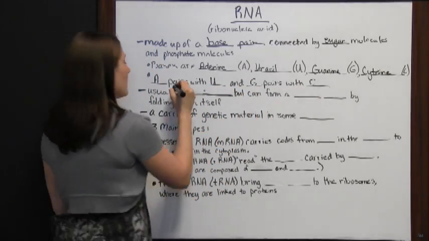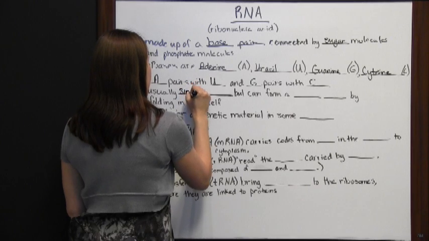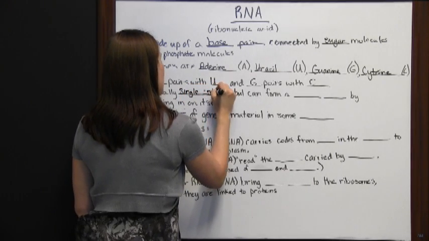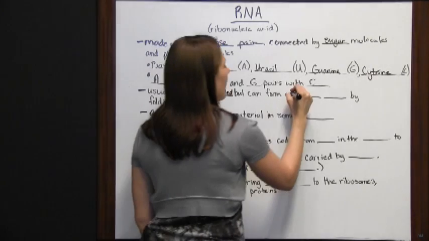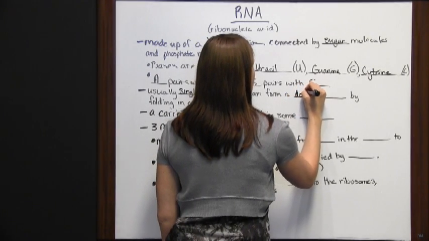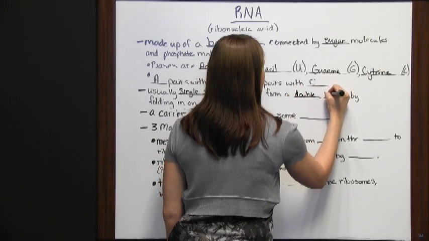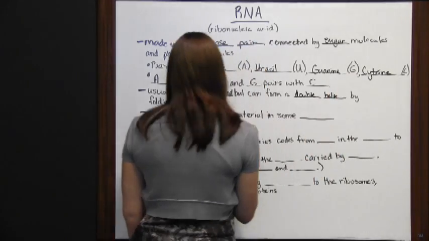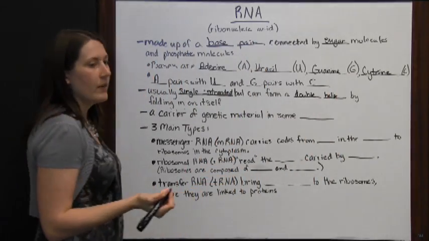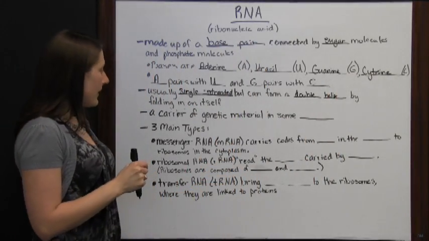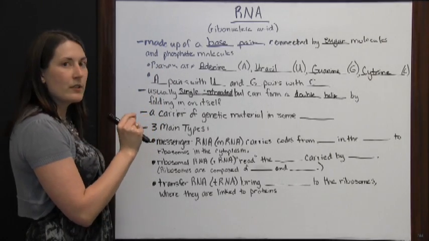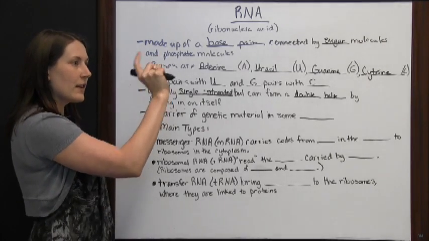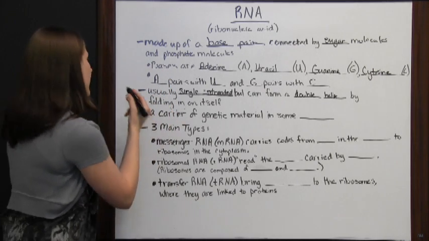Usually RNA is going to be single-stranded. But it can form a double helix, like the shape of DNA, by folding in on itself. So you have a single strand made up of sugar molecules and phosphate molecules, and then you've got the little base pairs coming off of it.